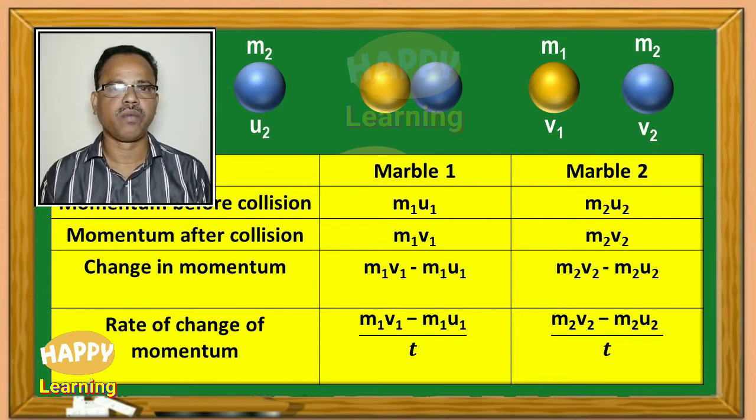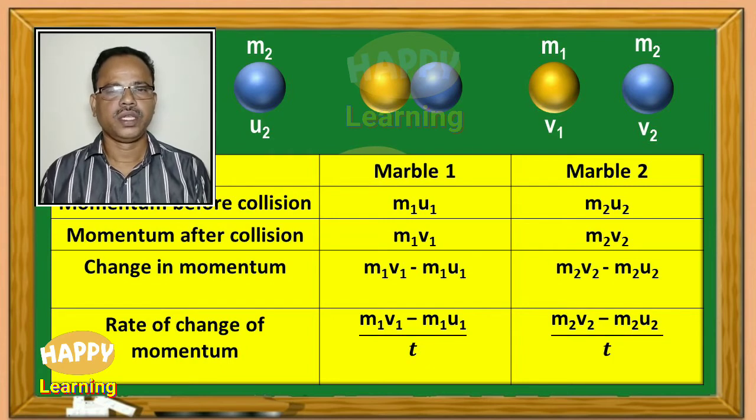So in case of marble 1, it is m1 v1 minus m1 u1. Similarly, the change in momentum for the marble 2 is m2 v2 minus m2 u2.